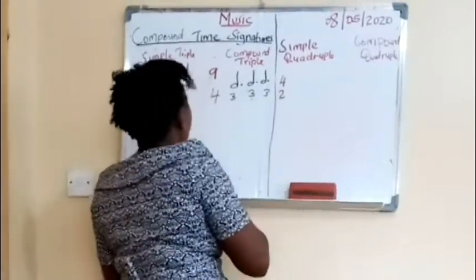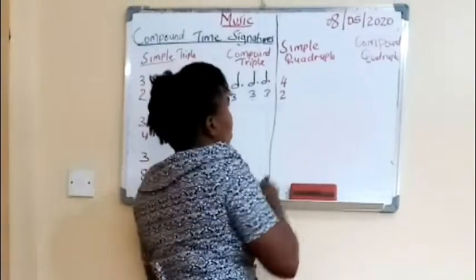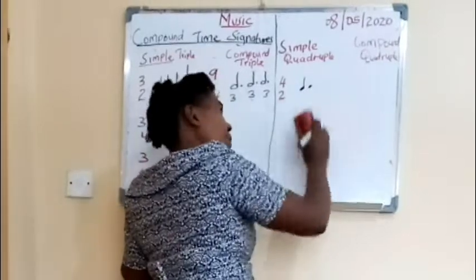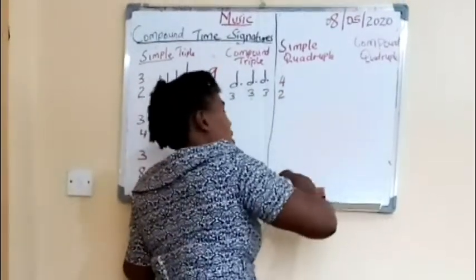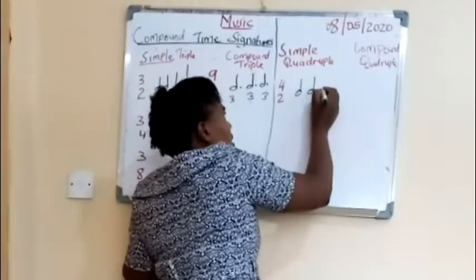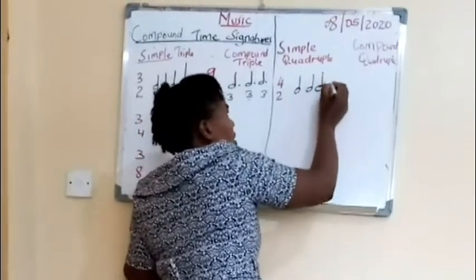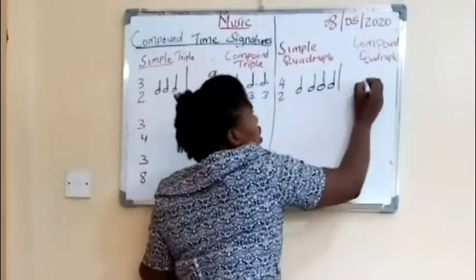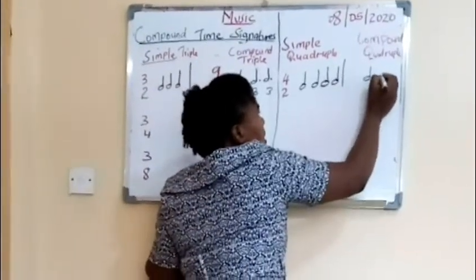So here, let me again give you an example that you are going to follow. First of all, these are minims. So these are 4 minims in every bar. So here you shall have 4 minims in every bar.